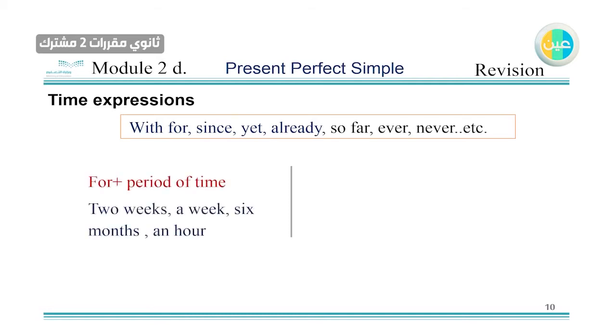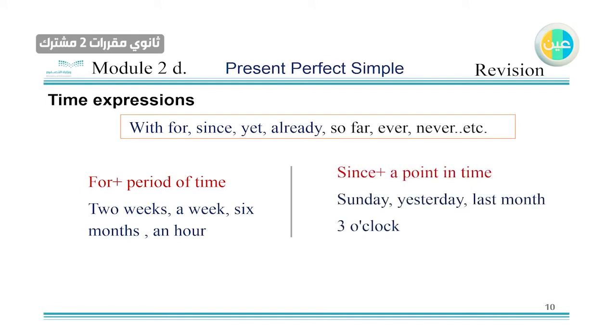Now we have 2 distinct expressions. You have to use time expressions with certain words, like for example for. When I say for, you have to use a period of time, like for 2 weeks, you have to be exact. For a week, for 6 months, for an hour. But when it's since, it's a point of time, like since Sunday, since 3 o'clock, since yesterday, since last month.